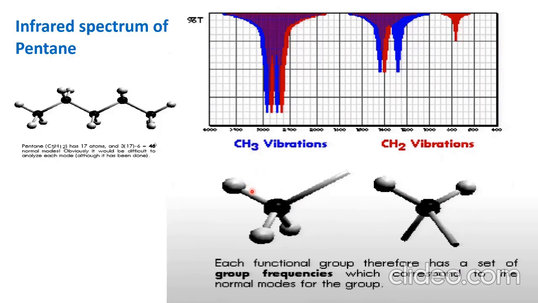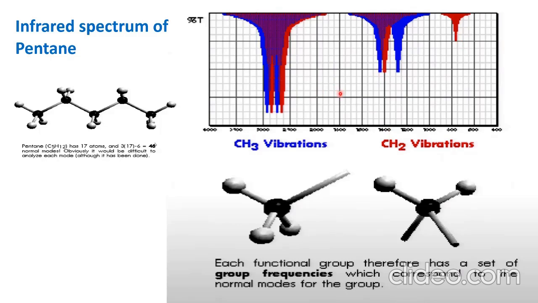CH3 is the methyl group and CH2 is the methylene group. We have the vibration fixed for CH3, so it will come in this region, we know exactly where it will come. And for CH2 also, the peaks are very well known.